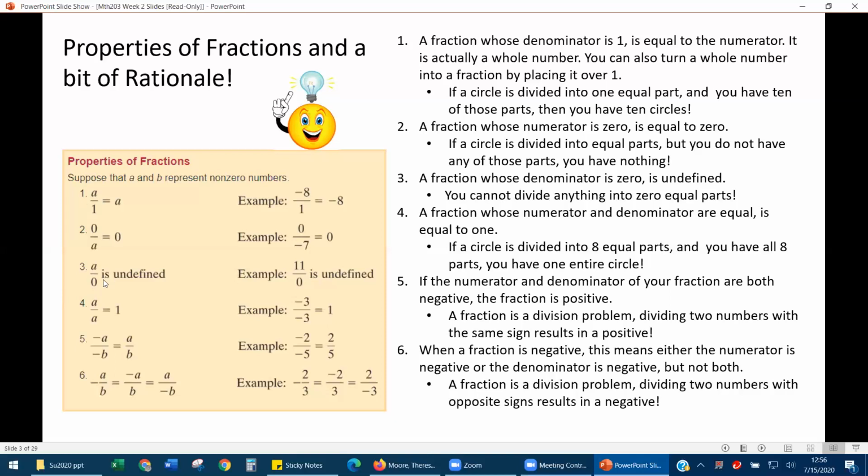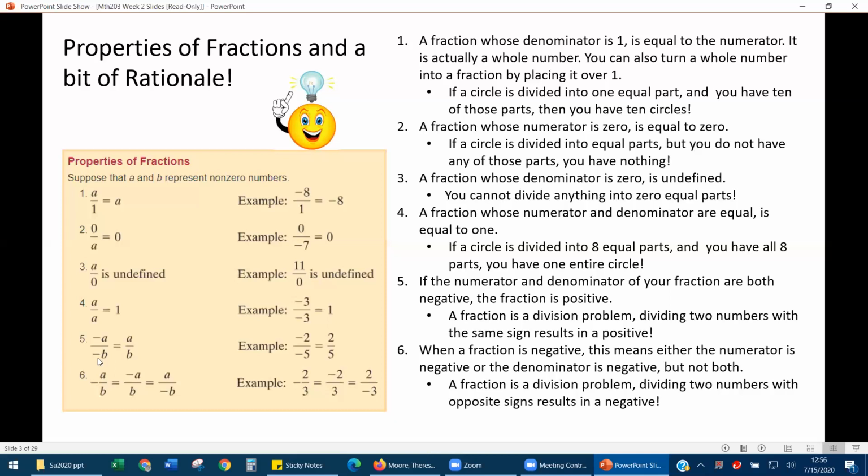So if there's a denominator of 0, the entire fraction is equal to undefined. It's not equal to 0, it's undefined. If your numerator and denominator are the same, if you have a pizza cut into 8 slices and you eat all 8 slices, you've eaten 1 whole pizza. So if the numerator and denominator are the same, your fraction is equal to 1.